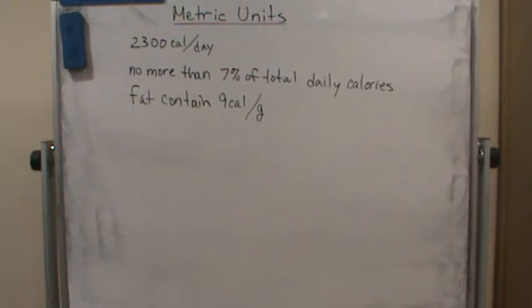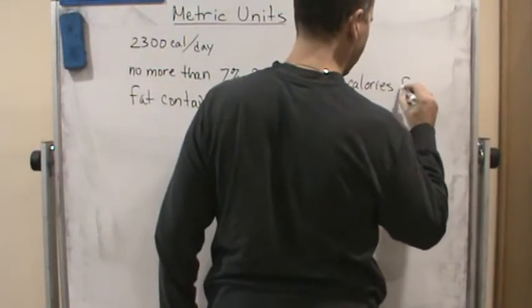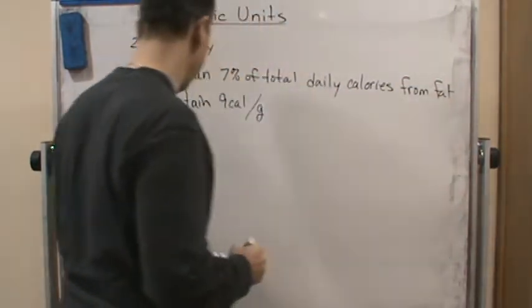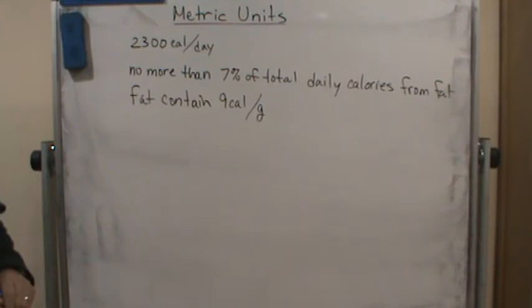To determine the maximum number of grams of saturated fat, that's what we want. We want to determine the maximum number of grams. So no more than 7% of our total daily calories from saturated fat, and we know that saturated fat is 9 calories per gram.